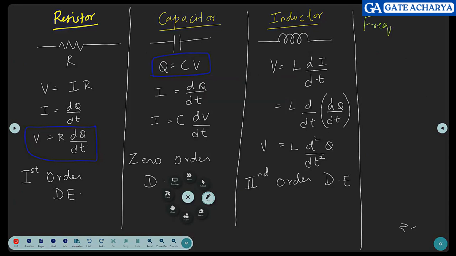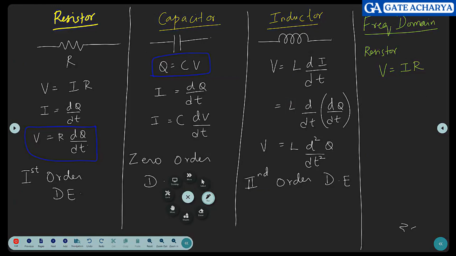Frequency domain gives us a lot of picture. That is why you are studying a subject called signals and systems. You are just trying to push everything into frequency domain. So here there is no differential equation at all. For a resistor, I'm only interested in the V and I relation, so time domain and frequency domain look the same.